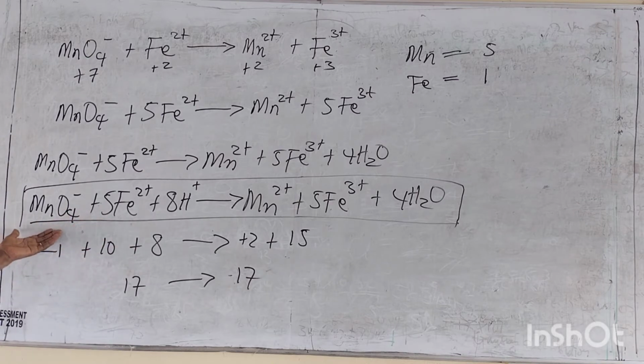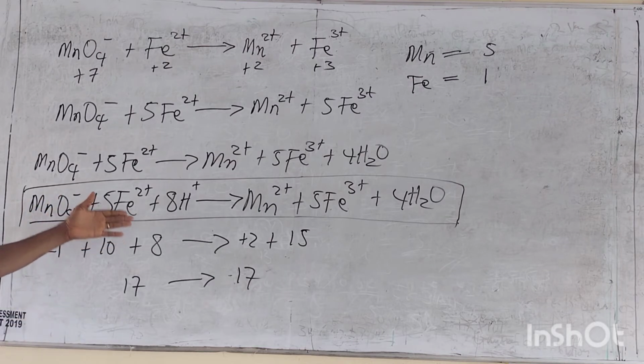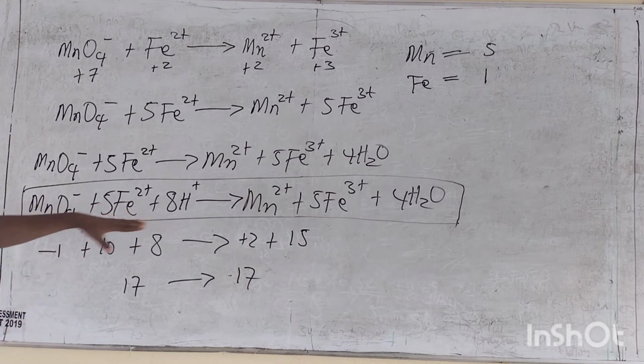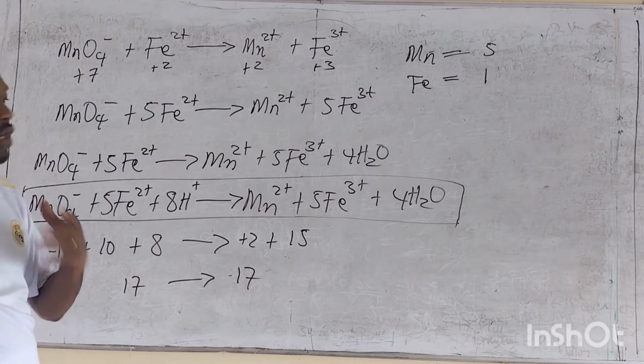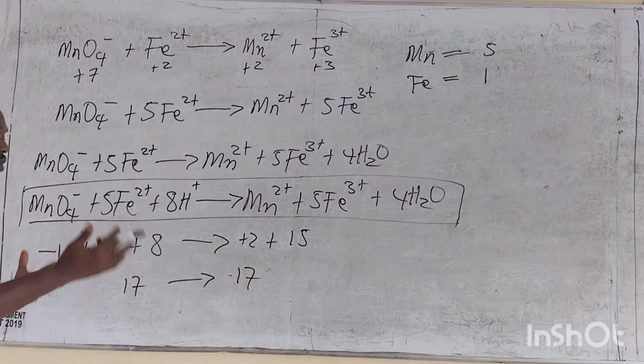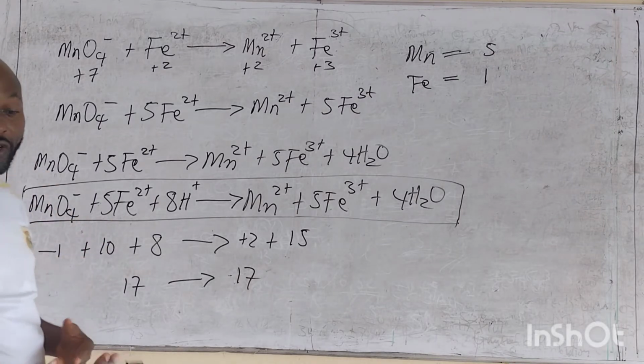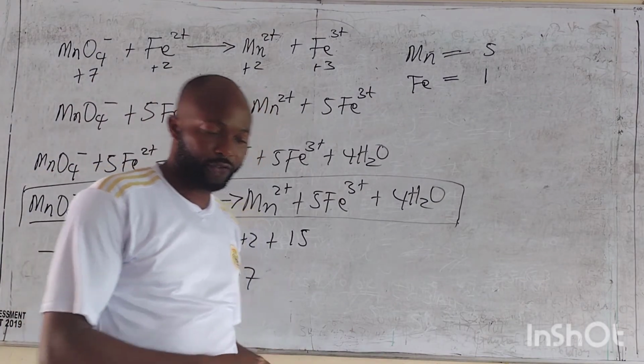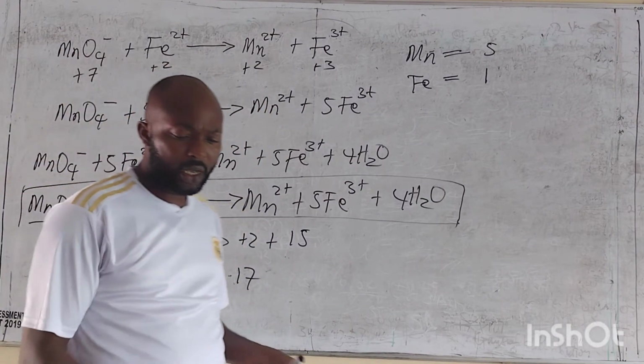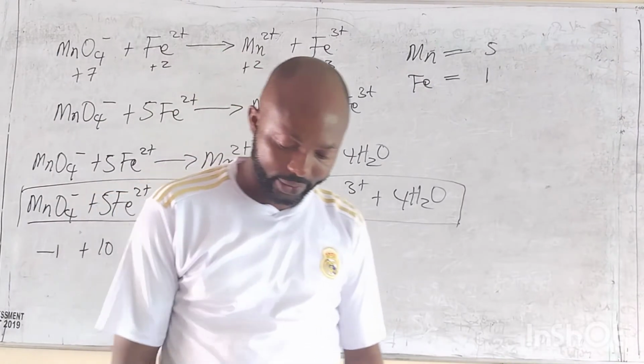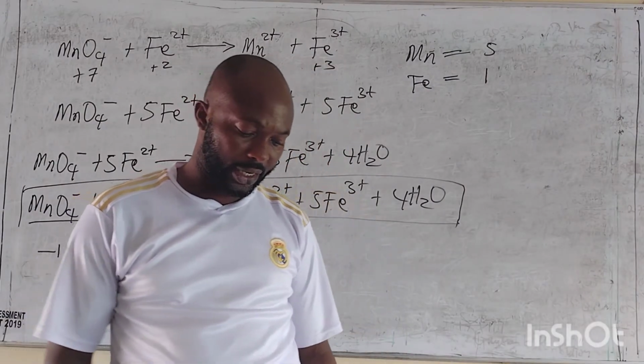The oxidizing agent becomes 1, the reducing agent is 5, the number of oxidizing agent to the number of reducing agent. So without the knowledge of balancing, in the course of doing that calculation, you're not going to get it right because you don't know the number of moles of the oxidizing agent and the reducing agent in the equation of reaction. So we're good with one. Let's take another one.